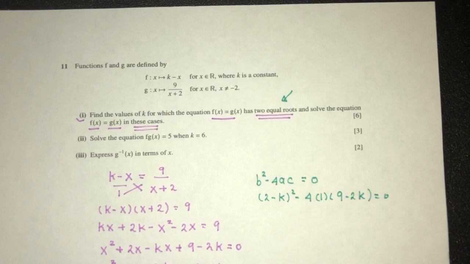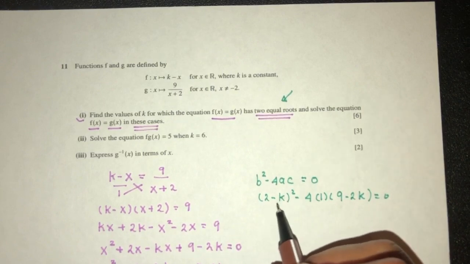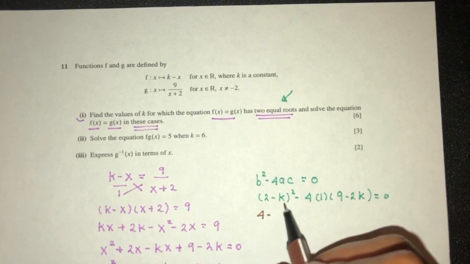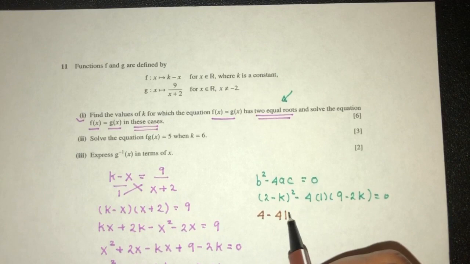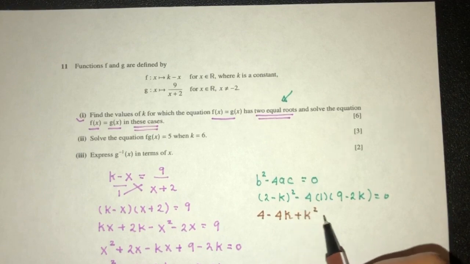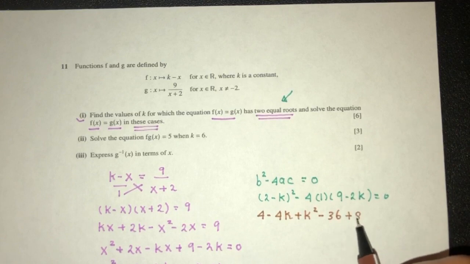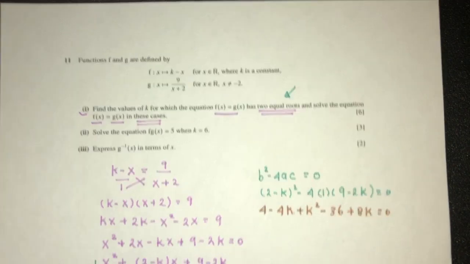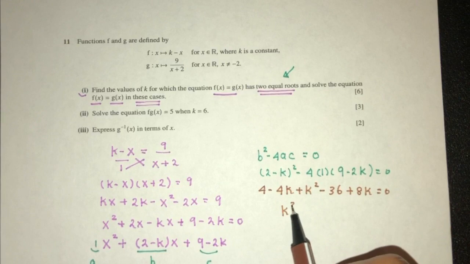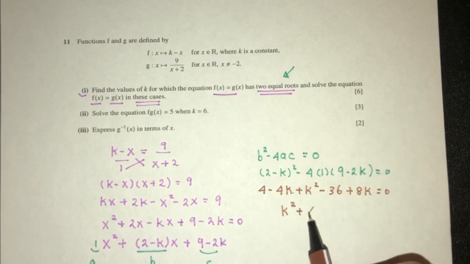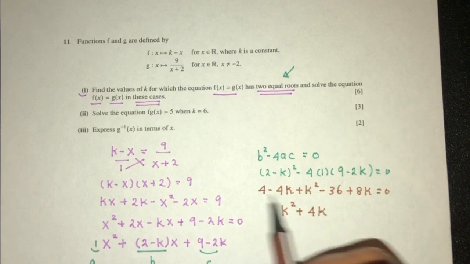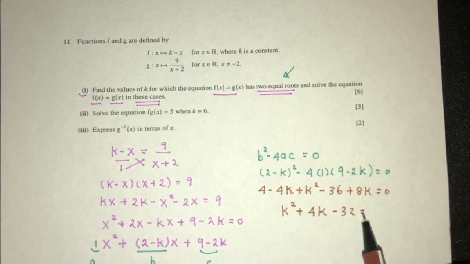Now simplify. You will have what? Let's see, you will have 4 minus 4k plus k squared, minus 36 plus 8k is 0. That will be k squared, and then we have plus 4k, sorry, and then minus 32 is 0.